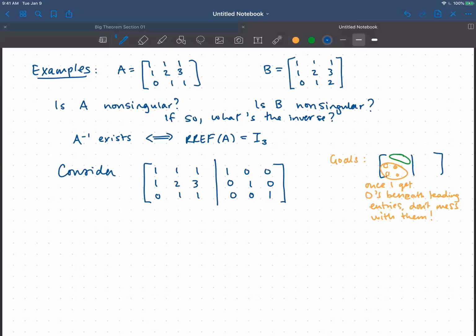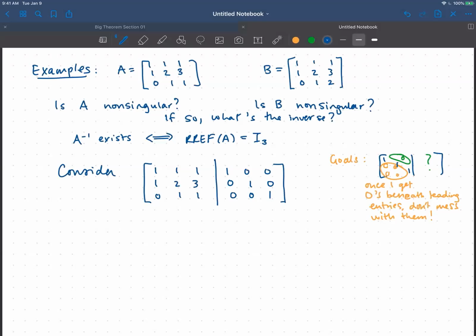And then my leading ones are going to live in that little, I think of it as the leading one staircase, right? So first I'm trying to get some orange zeros, then I want to get some green zeros. And then we'll see what happens on the other side. If we can get down to the identity matrix, we're going to get an inverse. And if we get a reduced row echelon form matrix that's not the identity matrix, we can conclude that there isn't an inverse. So let's see.